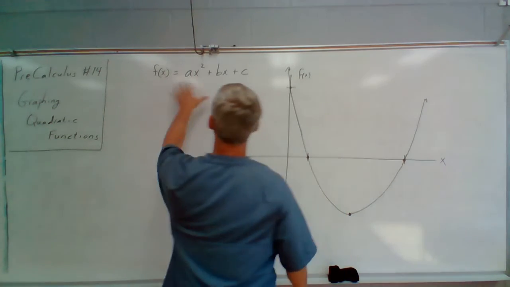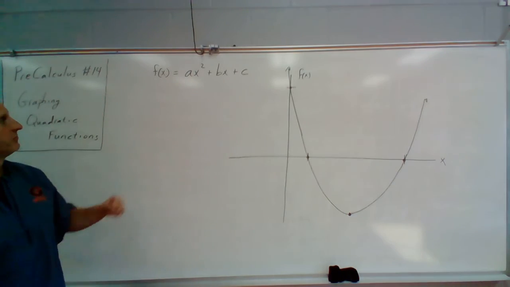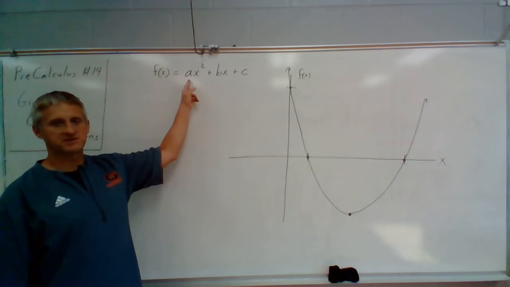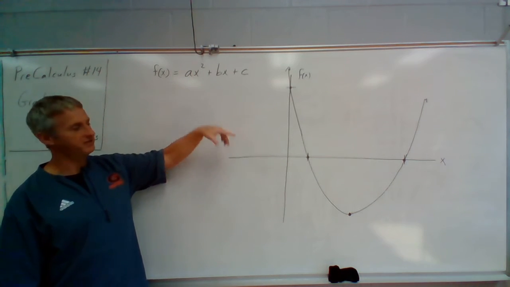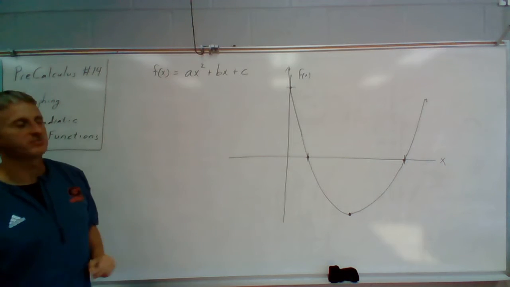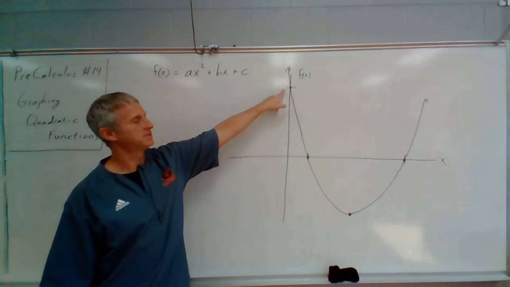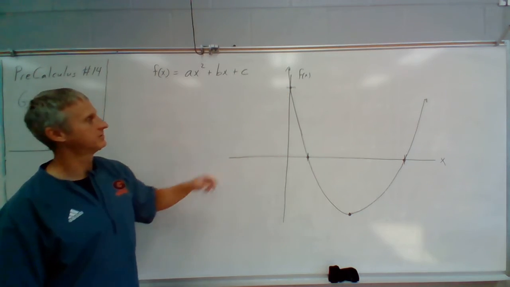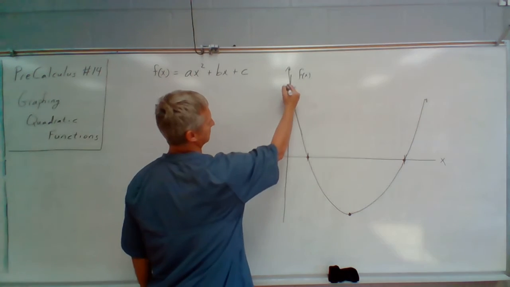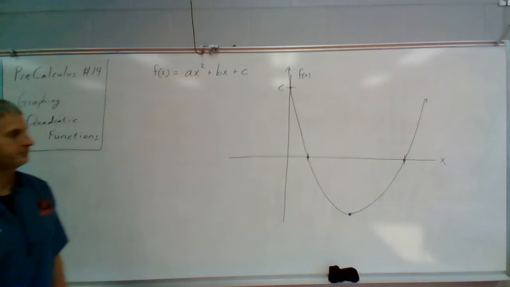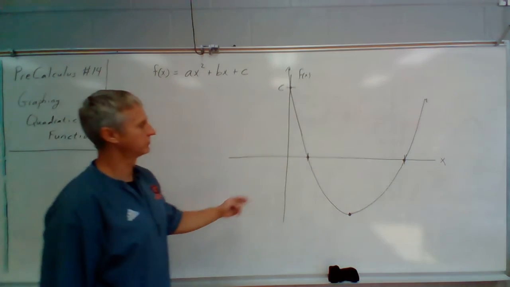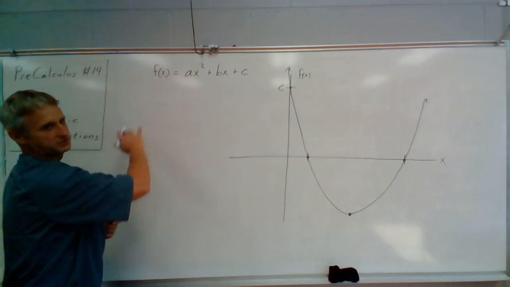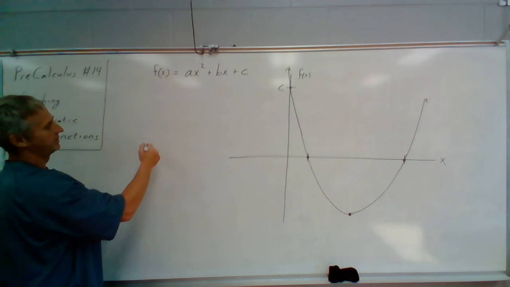Alright, so let's look at the general quadratic equation written in standard form, ax squared plus bx plus c. Let's pretend that the a is positive. If it was negative, this graph would open down, but let's pretend it's positive. What's this value? This is the initial value, or the y-intercept, so of course this would be c. What about my two roots? You know what the roots of a quadratic equation written in this form are.